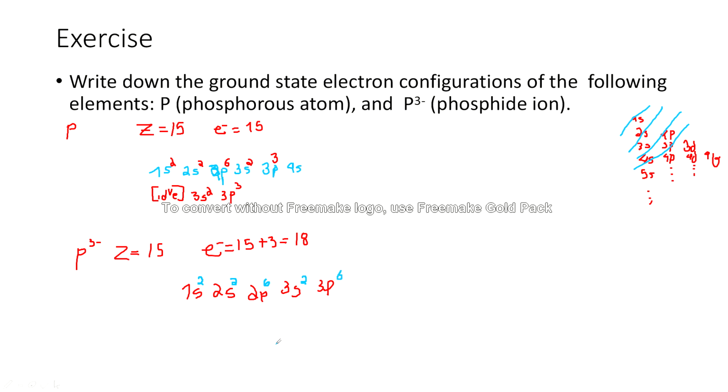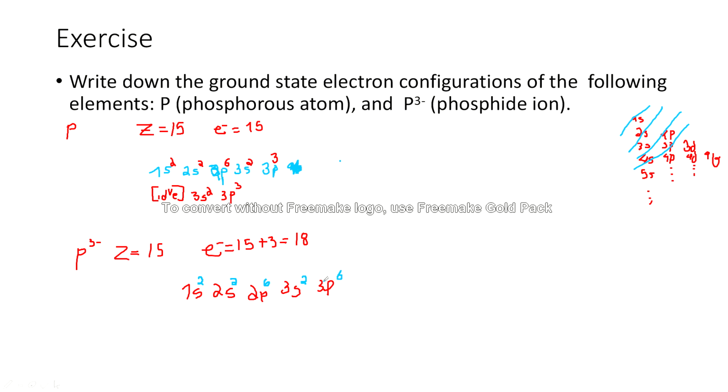That is the difference between the electron configuration of a phosphorus atom and that of the phosphide ion. The valence electrons for phosphorus will be 2 plus 3. But for the phosphide ion it is not 2 and 3 anymore, it is 2 plus 6.